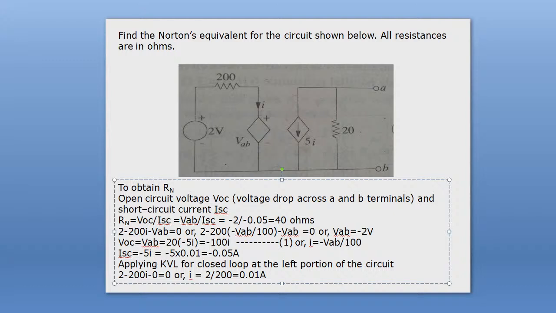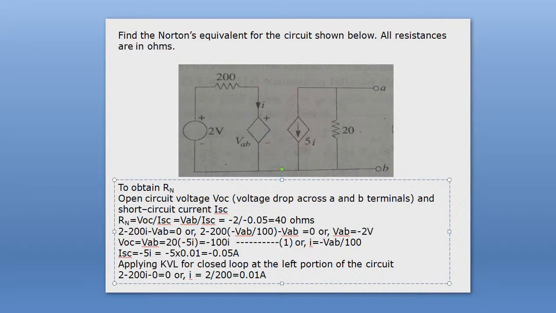Then you see that 5 ampere current will flow through this resistance, and this current direction is opposite, therefore we will take a negative sign. So VAB equal to minus 100I.